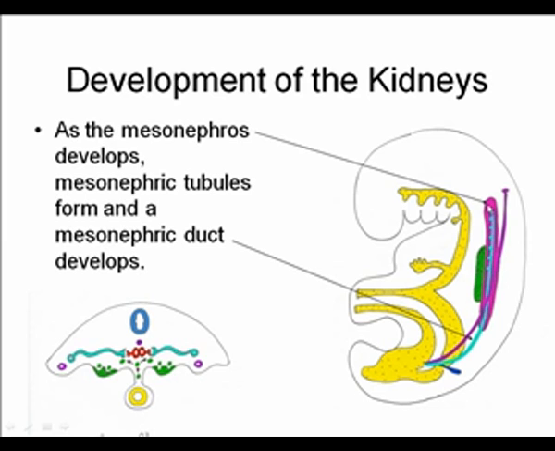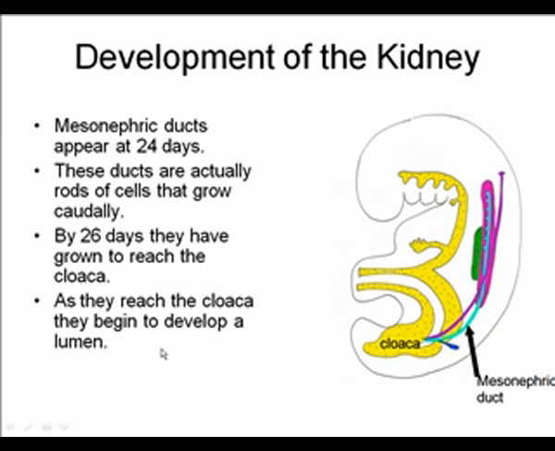In pink then we have the mesonephros, in blue the mesonephric duct, and in green the developing gonad, and we'll talk about that in the next lecture. In purple here is the paramesonephric duct, which again we'll talk about in the next lecture. Today we're going to be focusing then on the mesonephric duct and the nephric tubules.